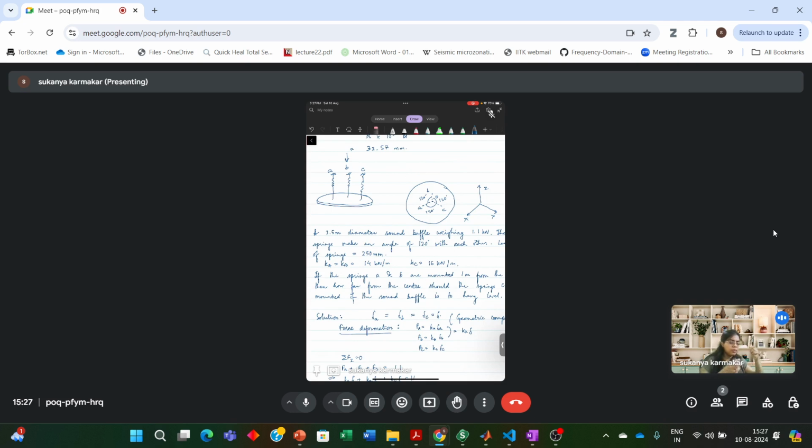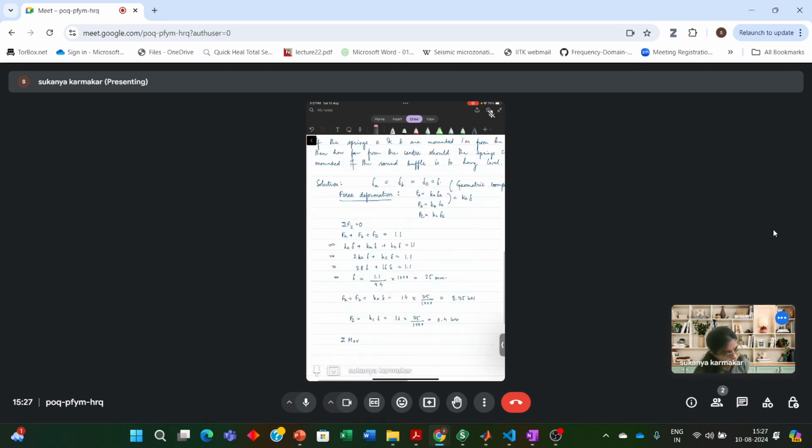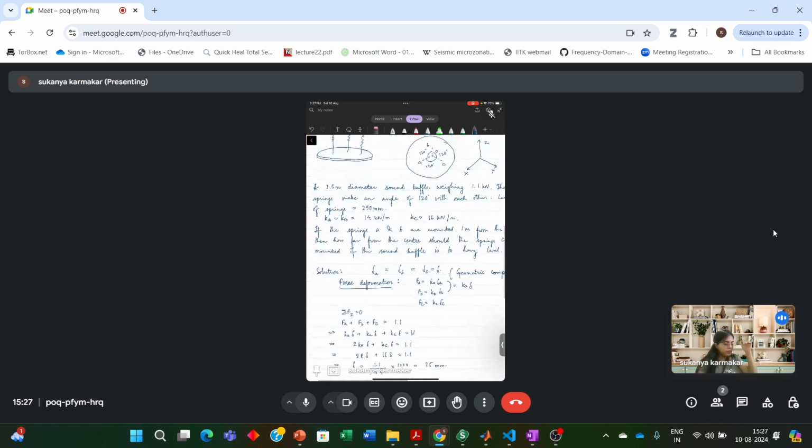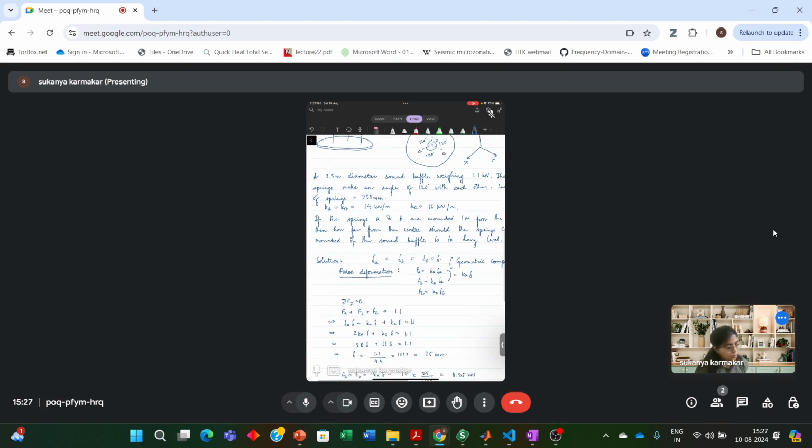Because of the spring force, all the spring forces are parallel to the z-axis. So basically, we are summing up the moment about point O. And the spring forces are parallel to the z-axis.